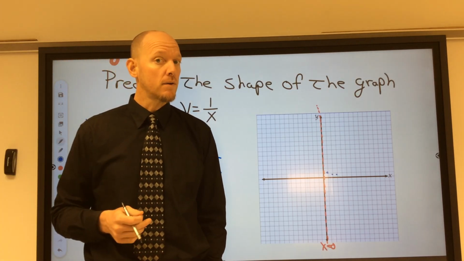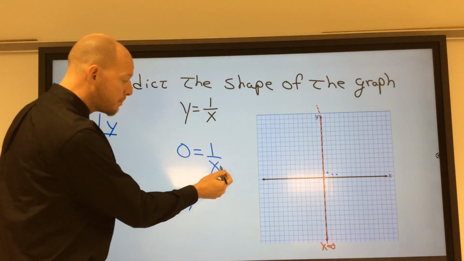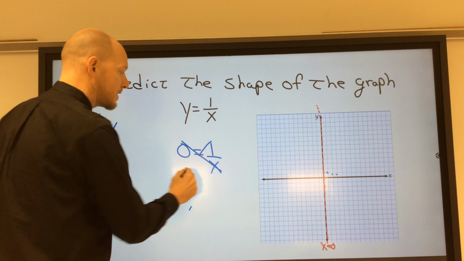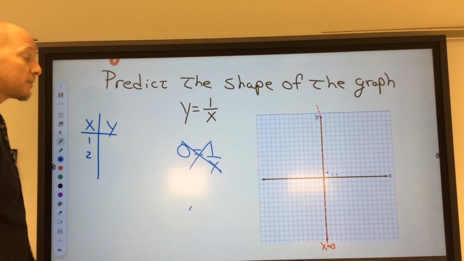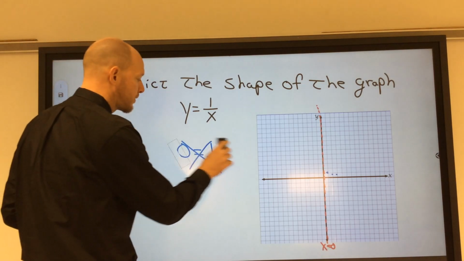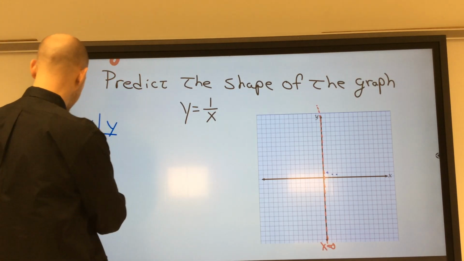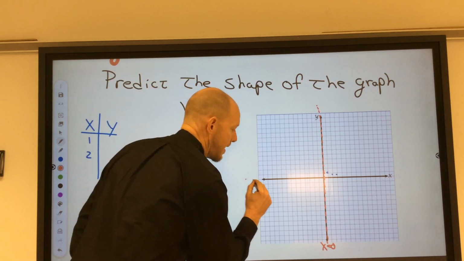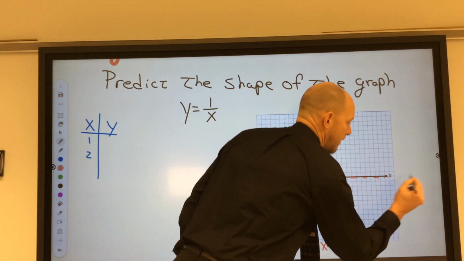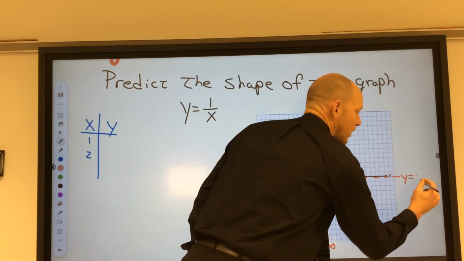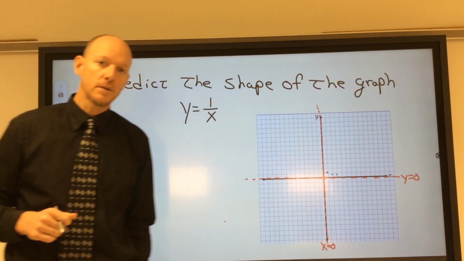And that answer is no. No matter what I put in for x, it will never be actually equal to 0. It's always going to be equal to something. So that's an important fact for us to realize, because what that's telling us is the fact that we can never be equal to 0 as far as the y component is concerned.